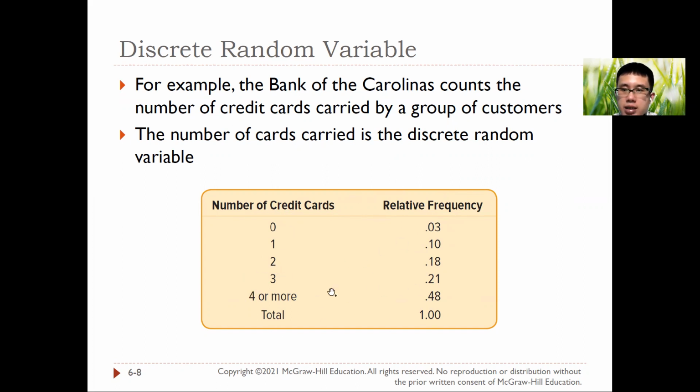Here is an example of discrete because the number of possible values is finite, right? There are five classes here, or five little x here. So this is a discrete random variable with a probability table like this table.